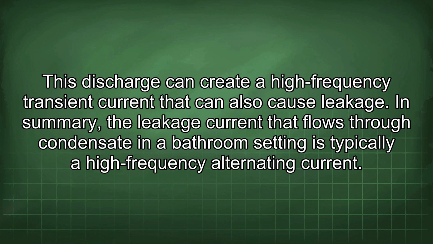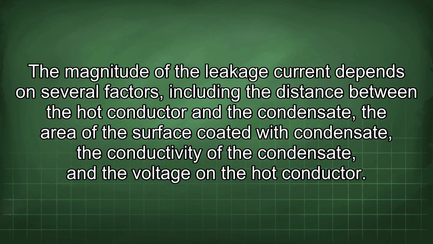In summary, the leakage current that flows through condensate in a bathroom setting is typically a high-frequency alternating current. The magnitude of the leakage current depends on several factors, including the distance between the hot conductor and the condensate, the area of the surface coated with condensate, the conductivity of the condensate, and the voltage on the hot conductor.